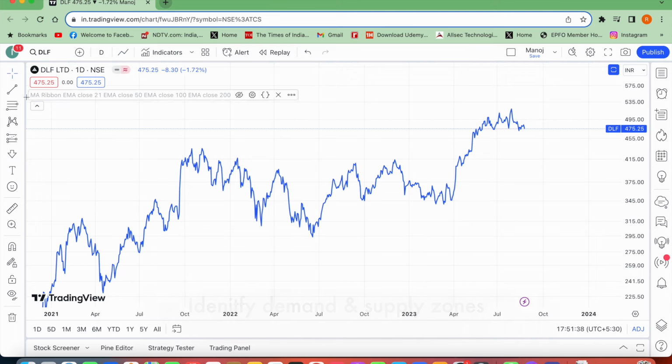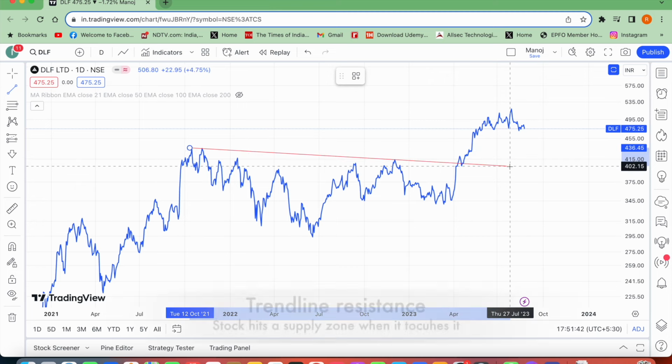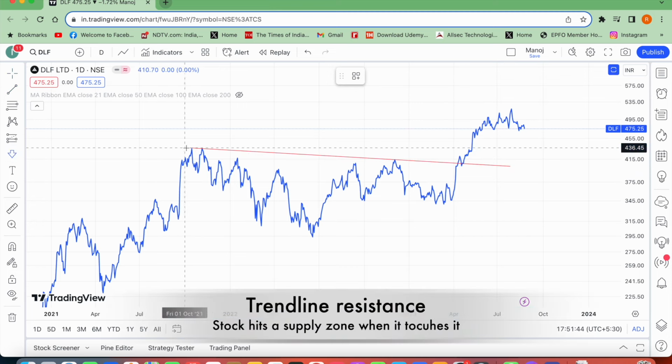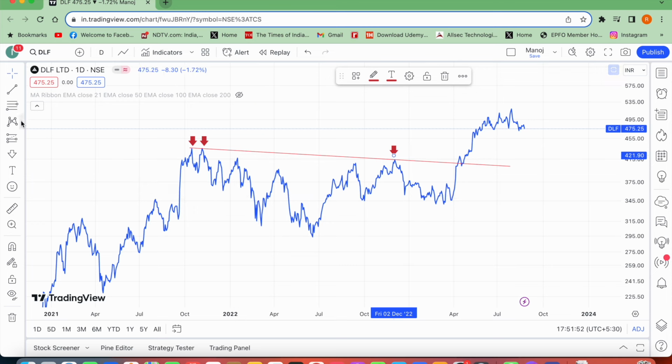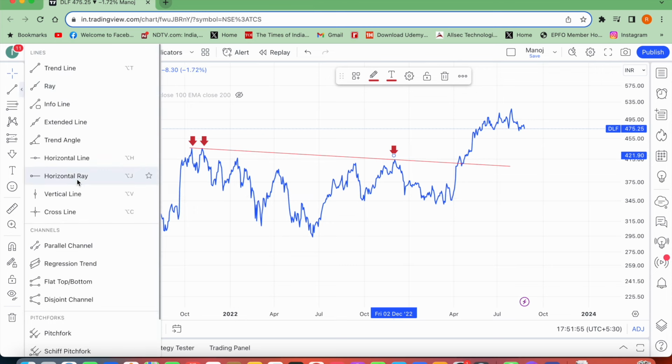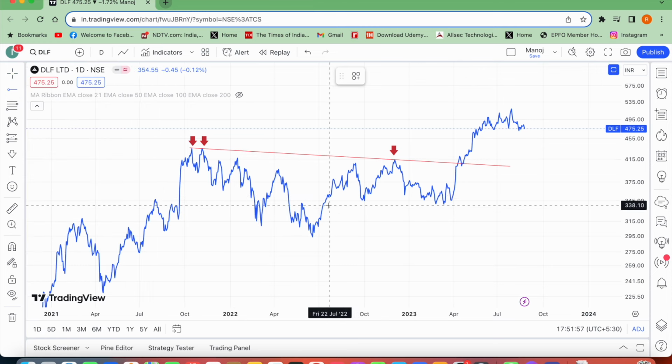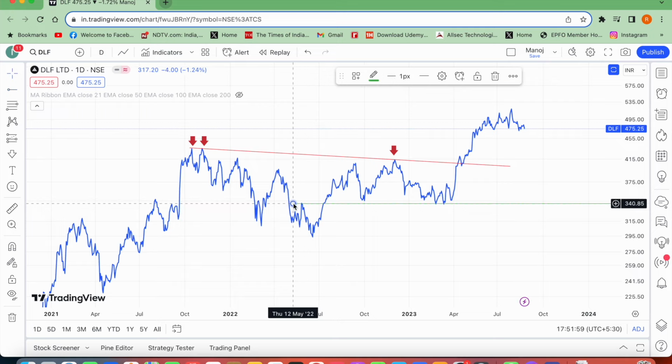We can clearly see over here that there is a trend line resistance which DLF faced, wherein it went down whenever it touched this trend line resistance. We can also observe that the stock had a support in this range, and that range is around 340.